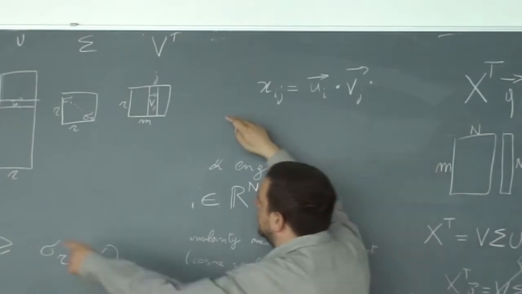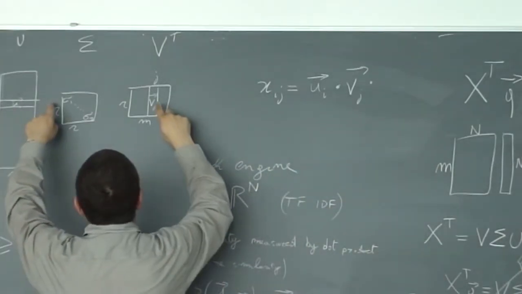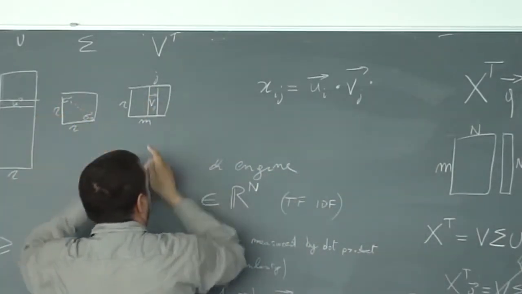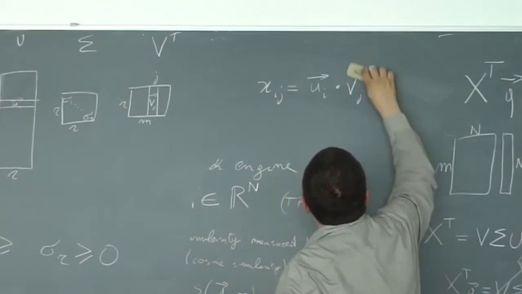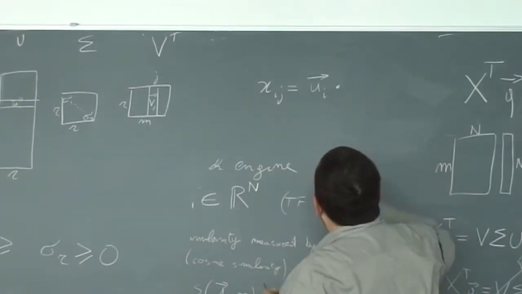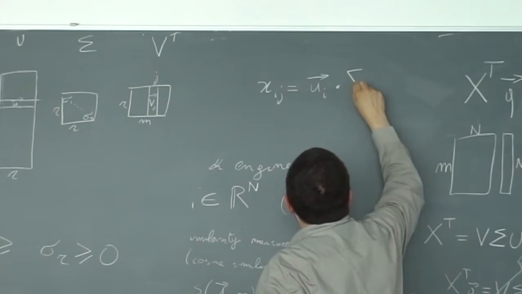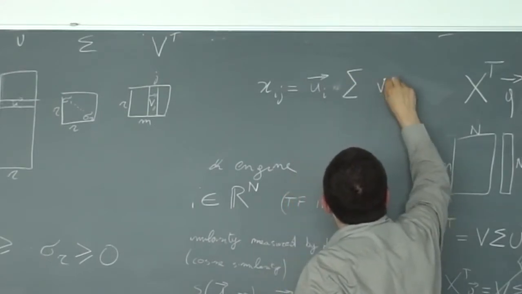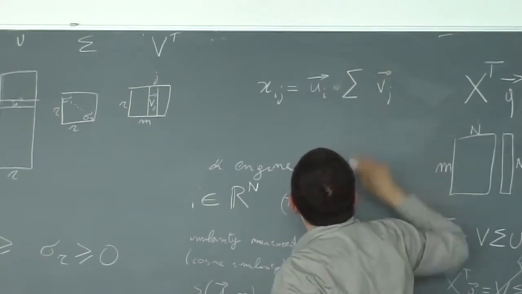Times, just a moment. Actually, I cannot write it like this. I need to keep here sigma and here put Vj. Okay.